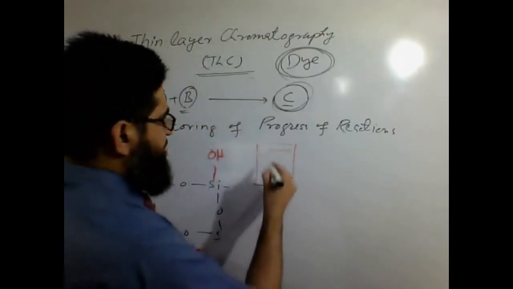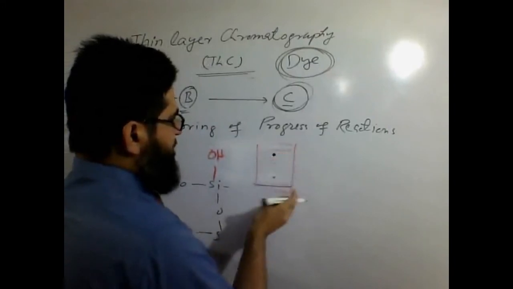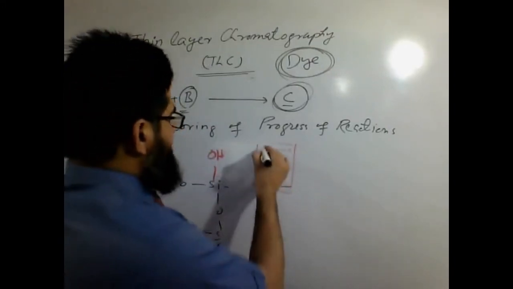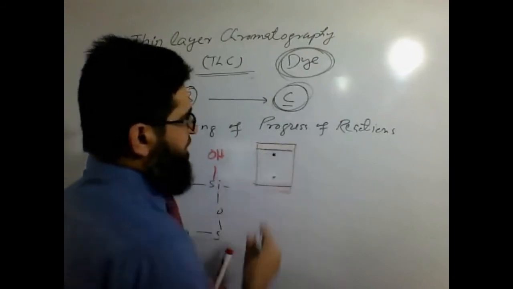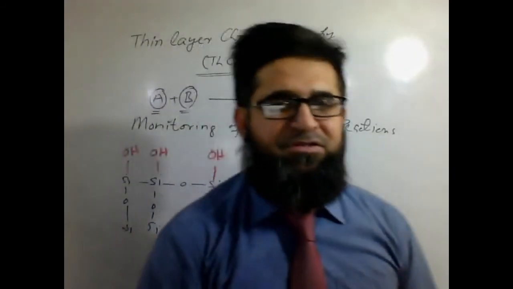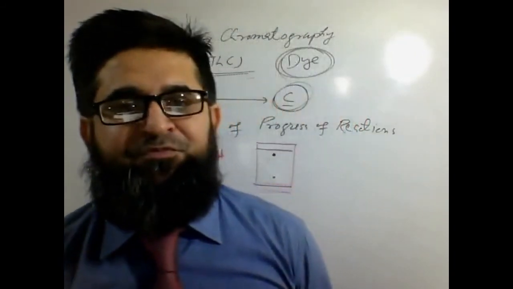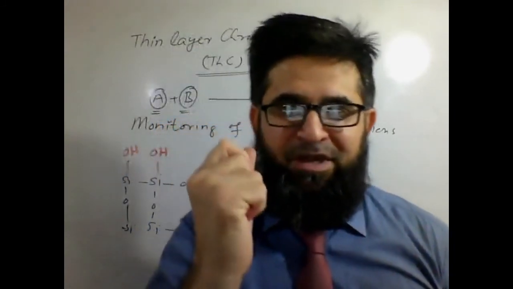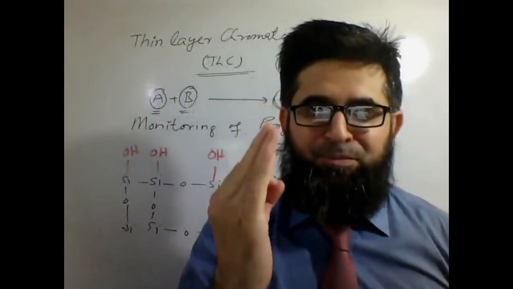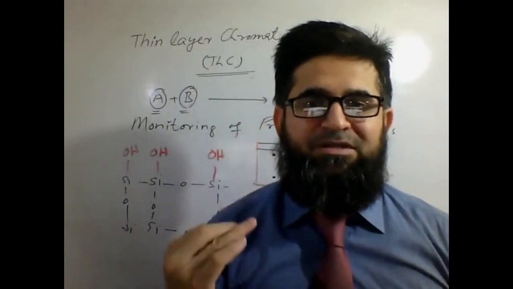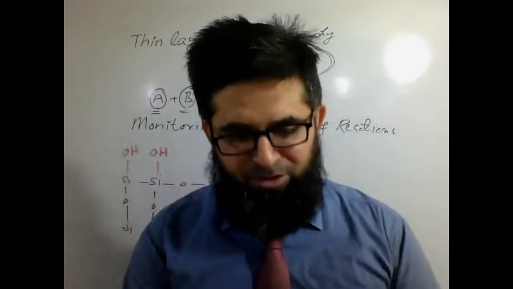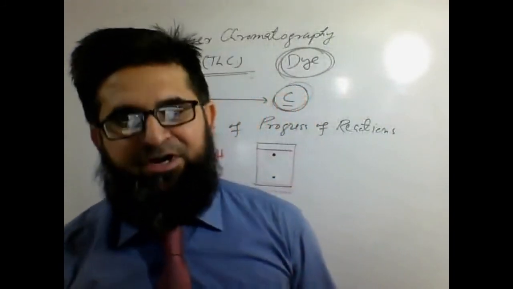However, the non-polar molecules move a bit higher on the plate, because they do not feel any resistance from the polar silica. So polarity is the main factor, the basis behind the separation of the components of a mixture on TLC. Whether a single molecule is present or more than one molecule is present can easily be detected by TLC.